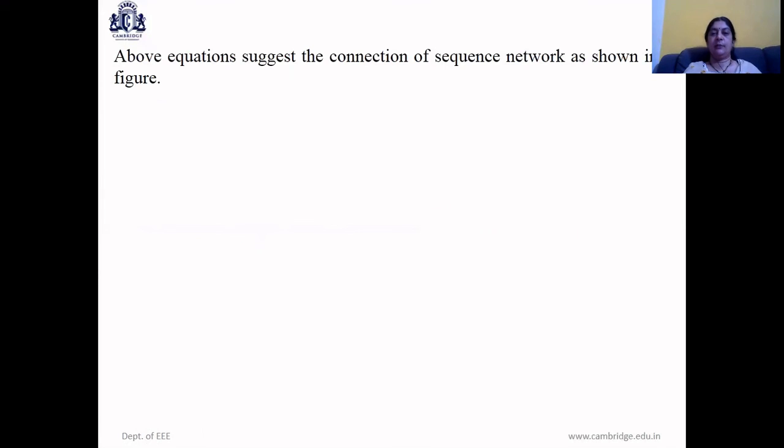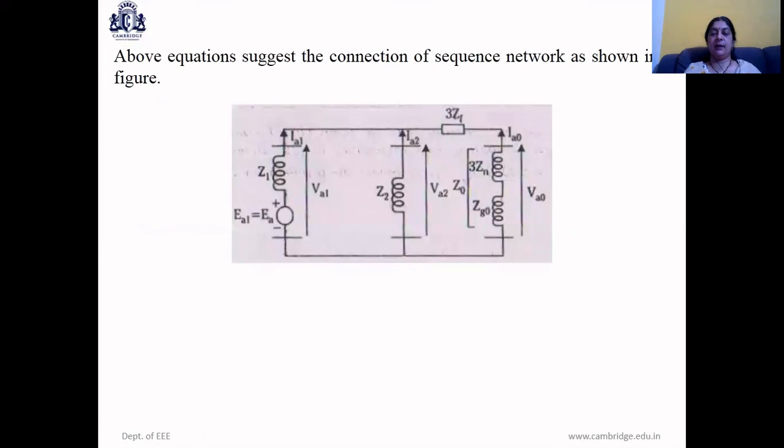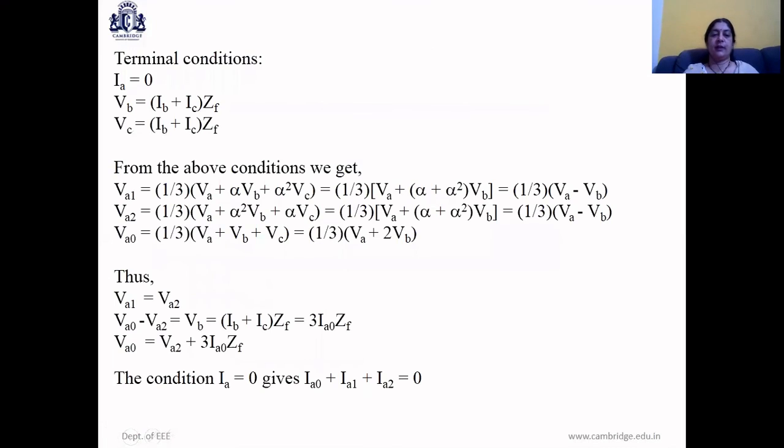So from these expressions we can write the circuit diagram. They suggest that all these three have to be connected in parallel, such that between the negative sequence network and the zero sequence network we now have ZF coming into the picture. Between VA0 and VA2 we have 3 times ZF.